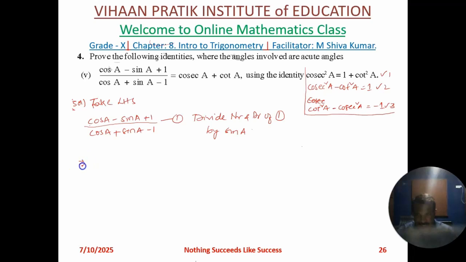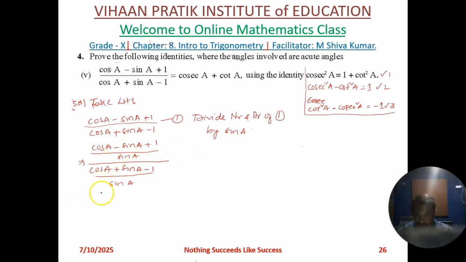By considering this simple step, we see that (cos A minus sin A plus 1) divided by sin A, whole divided by the denominator (cos A plus sin A minus 1) divided by sin A.